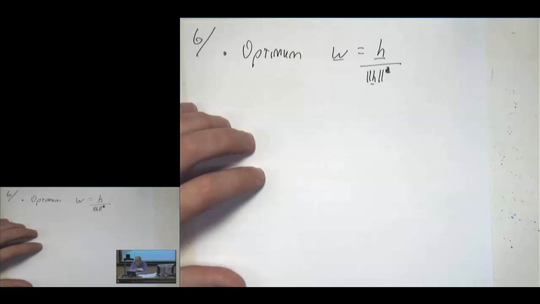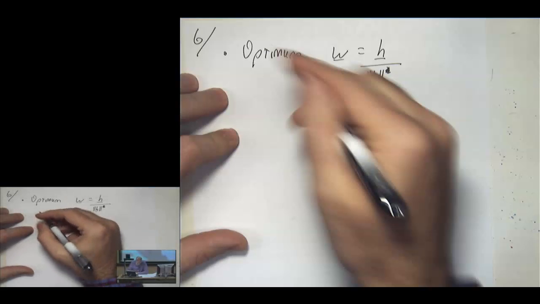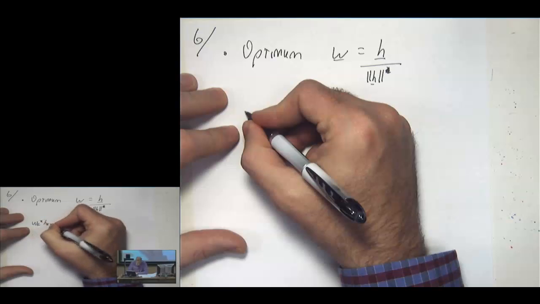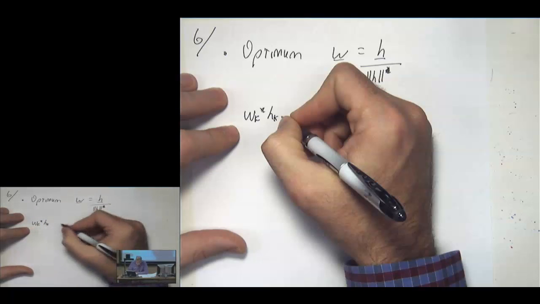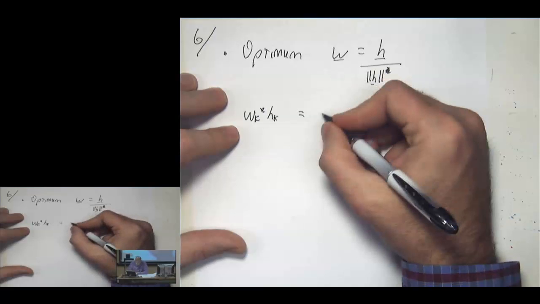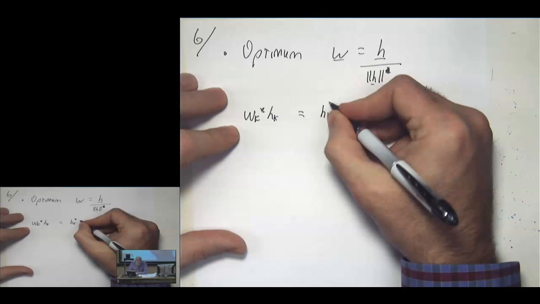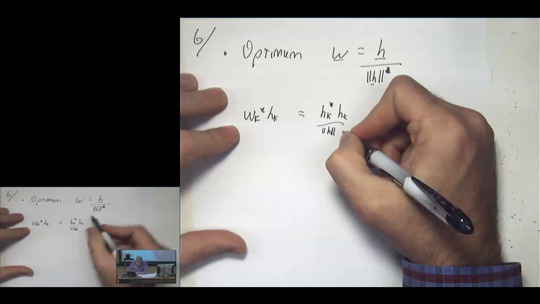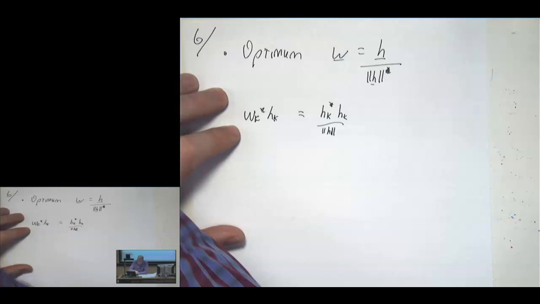Now, if we look at the intuition here, what's going to happen is that we get sums of the form W_K star times H_K. And if you look at what W_K is, well, W_K is H_K divided by the norm of H. So we get H_K star over H_K divided by the norm of H. And this is where the coherent combining effect kicks in.